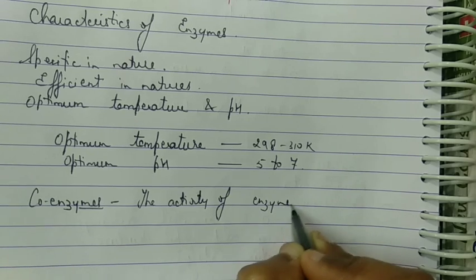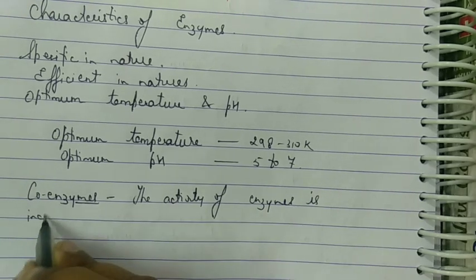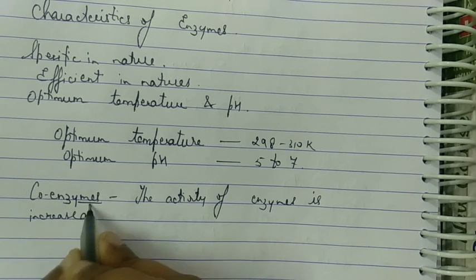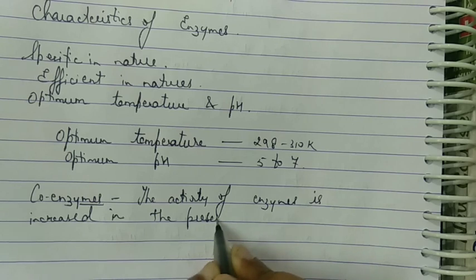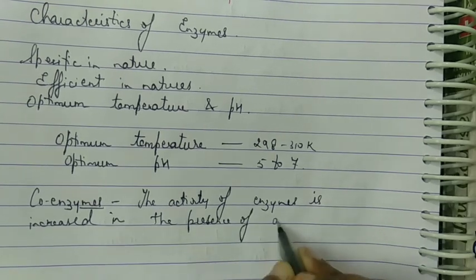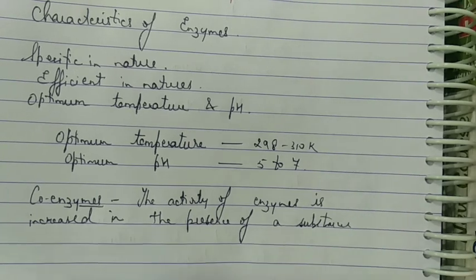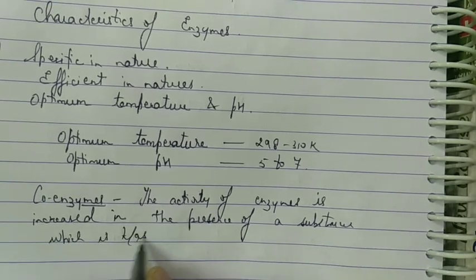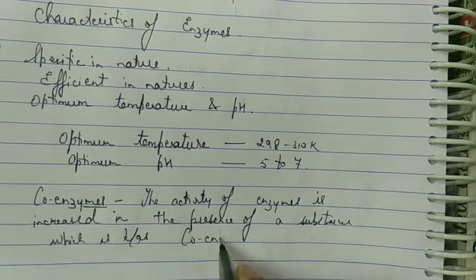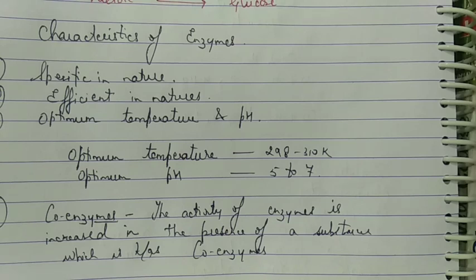The activity of enzymes is increased in the presence of a substance which is known as coenzyme.